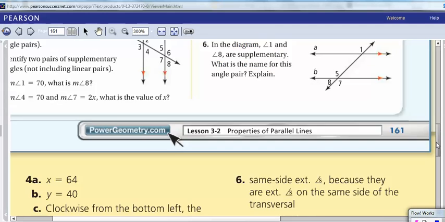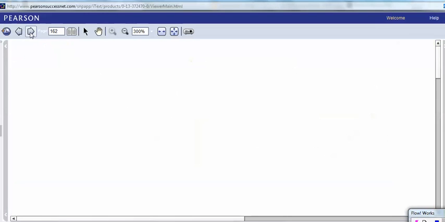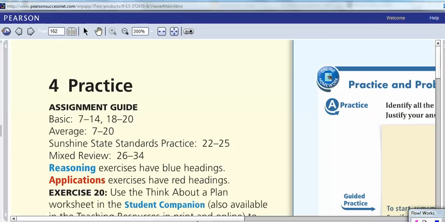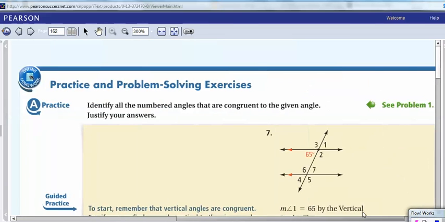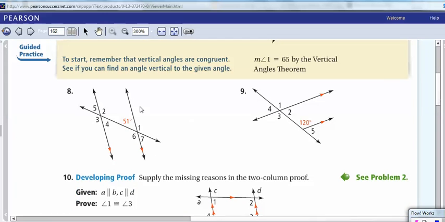Those drawings are pretty simple right there. When you get to this page, that's a simple picture. Over here, in this picture, you may have to just extend this line.